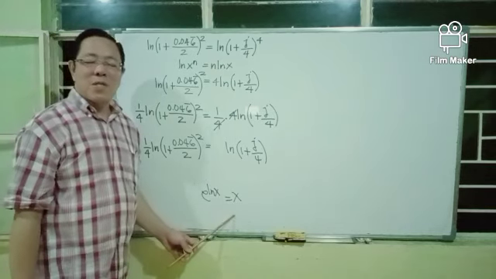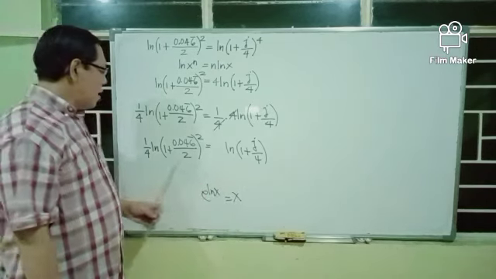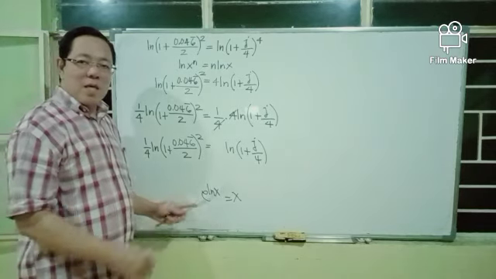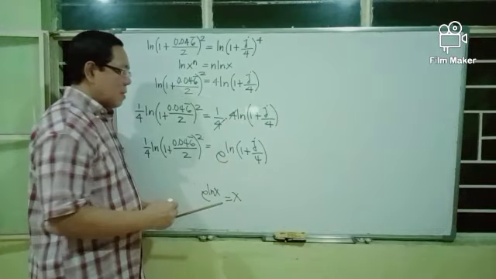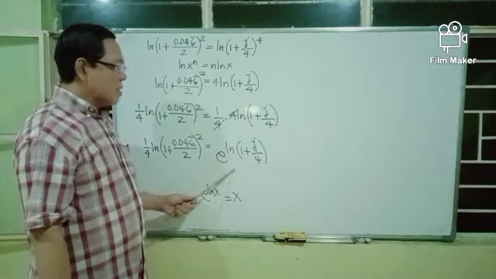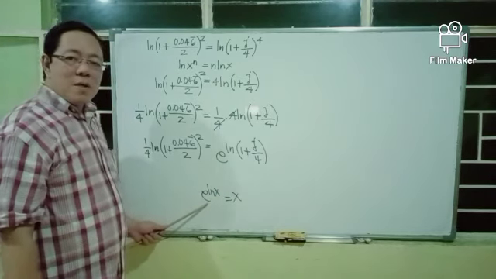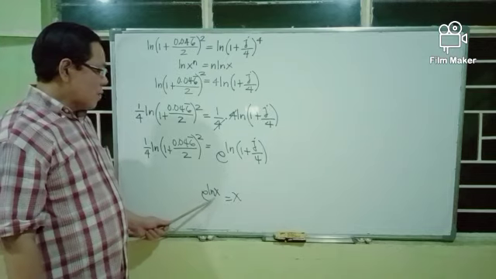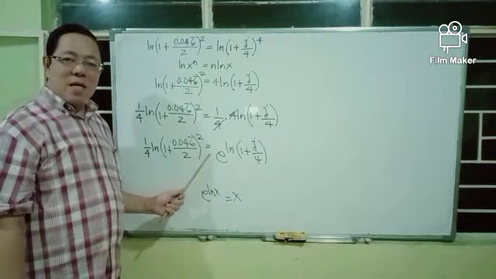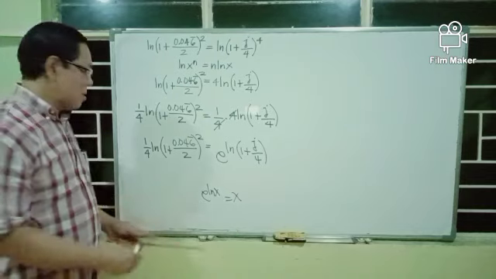And to apply this property of natural logarithm, we raise e to this quantity at the right hand side, and we raise e to this quantity at the left hand side. At the right hand side, we have e to the power ln of quantity 1 plus j over 4. And it is to this expression that we apply this property of natural logarithm, where your x here is quantity 1 plus j over 4. To maintain the equality, we also raise e to this quantity at the left-hand side of the equation.